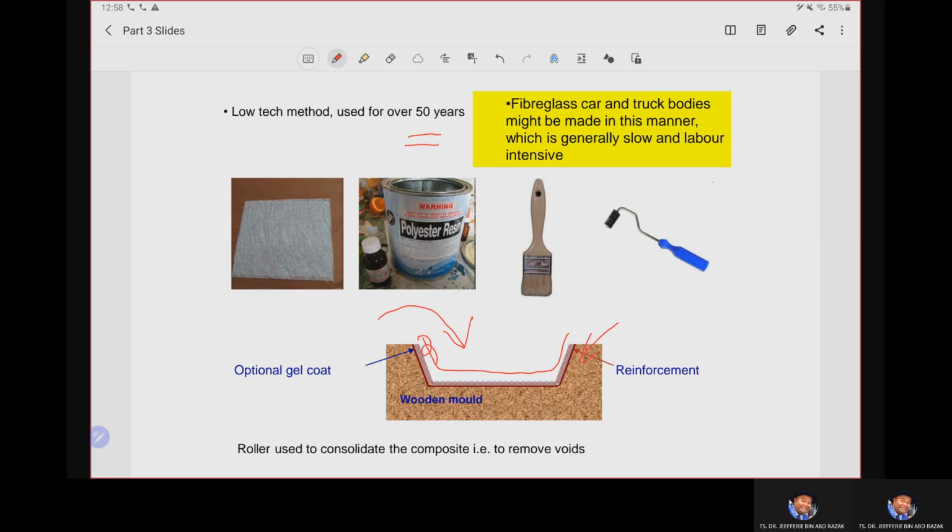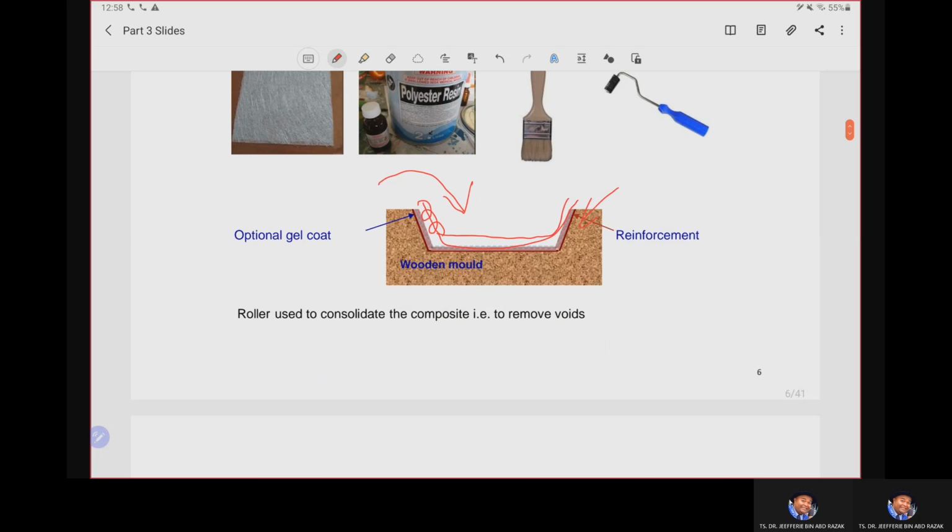We roll it until we get very good compaction and interaction between the resin and reinforcement. Later, we let it dry and cure. You can even produce bigger car or truck bodies by just using this manual method. Certainly this method has a drawback, as it is done manually, is very labor intensive, and requires very good labor skill for better product quality.